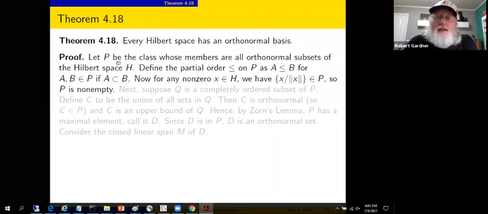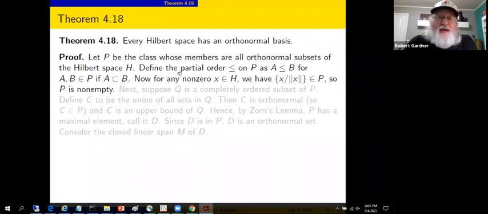So it's orthonormal sets of vectors, so it makes sense to talk about one being a subset of another. It's a partial ordering because I could have orthonormal sets of vectors where neither is a subset of the other. So it's a partial ordering, so we're okay.